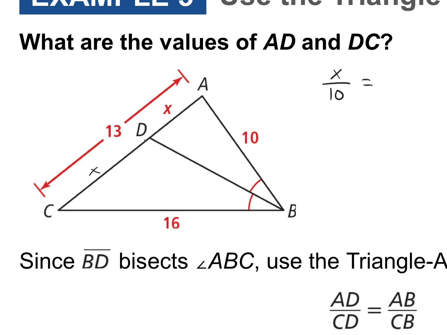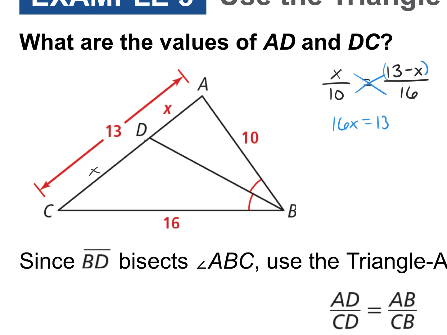So if I put a normal value in for here, if I put 2, how would you find CD? You take 13 minus 2. So for my setup here, I can take 13 minus x over, what does this side 13 minus x relate to? 16. Okay, so if I cross multiply here, I have 16x equals, what do I have to do on this one?